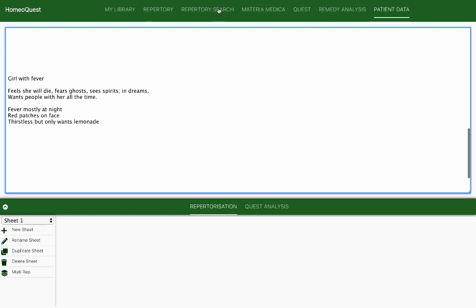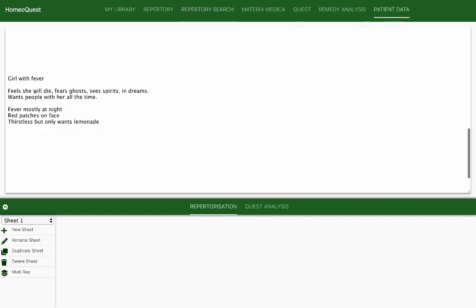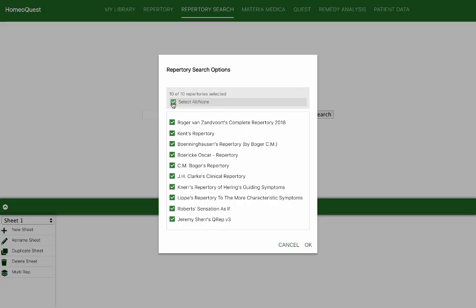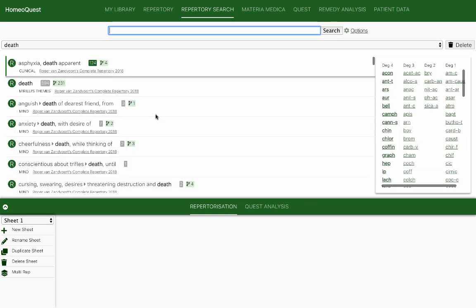I'm going to go into the repertory search here, and we are going to check for these rubrics. The first thing we have here is she feels she will die. First I'm just going to use one repertory. I'm choosing the Complete Repertory here, and we're going to look at death.